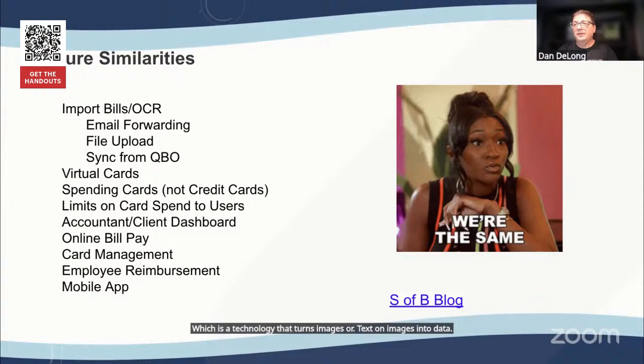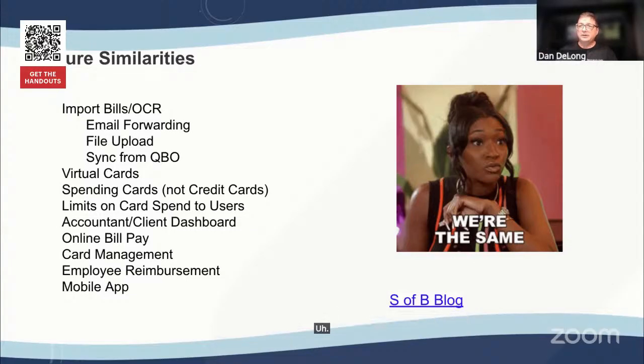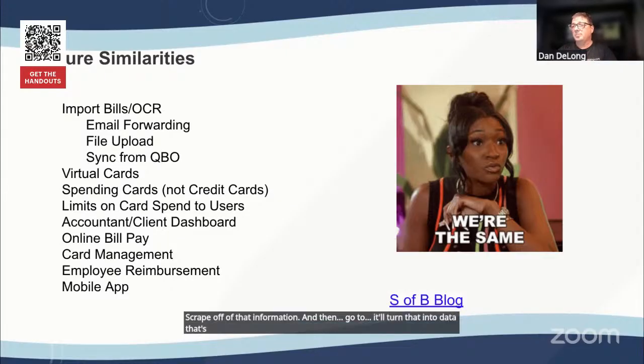And both of them are going to have some email forwarding capabilities, where you get a specific email address that you're able to forward from your own email, or your suppliers can forward it directly to that email, so that the platform is able to scrape that information and turn it into data that's usable by the platform.